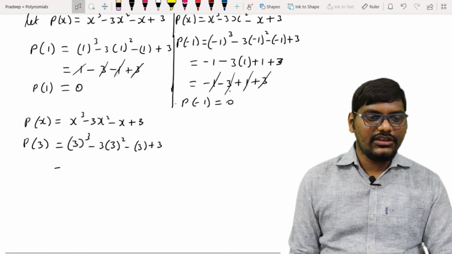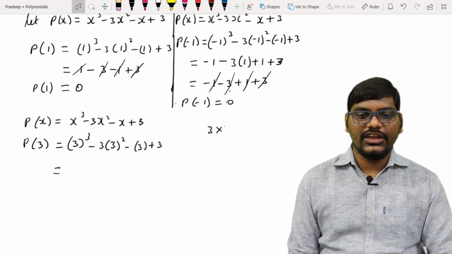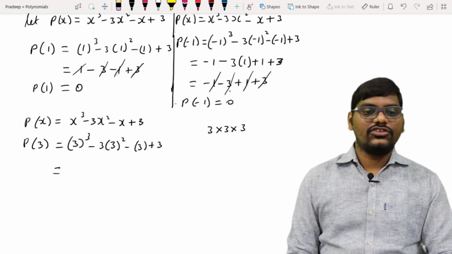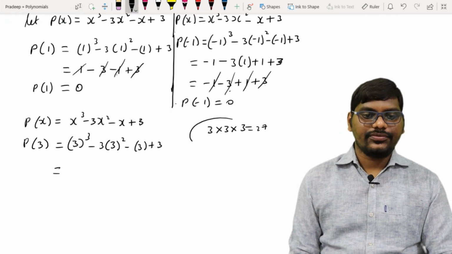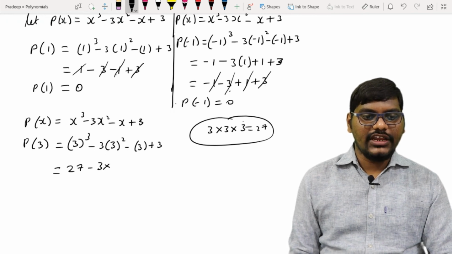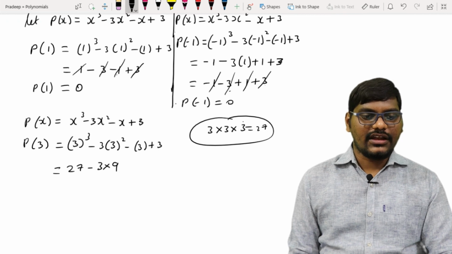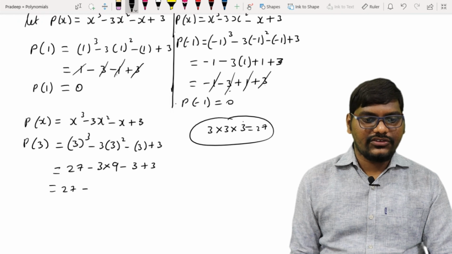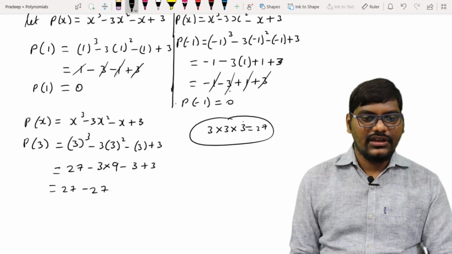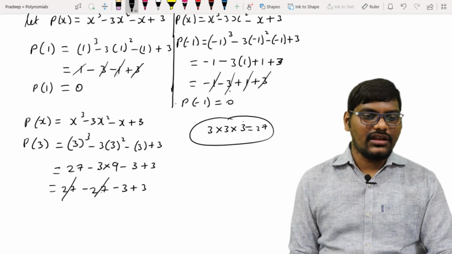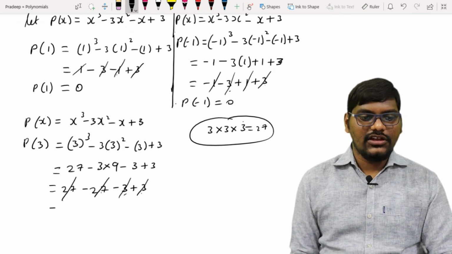So 3 cube is 3 into 3 into 3; 3 3s are 9 and 9 3s are 27. So this is 27 minus 3 into 3 square, which is 9, so 3 9s are 27. So minus 3 plus 3. So 27 minus 27 cancel, minus 3 plus 3 can be cancelled. So p of 3 we are getting as 0.